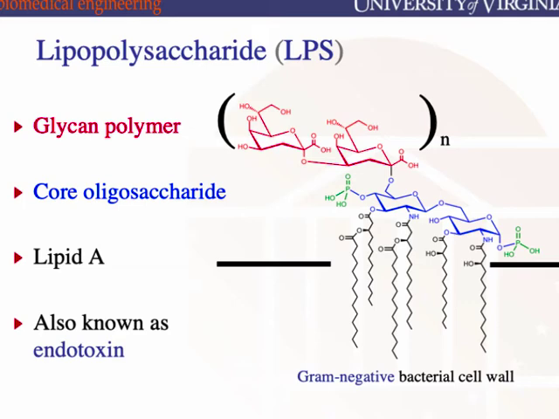Essentially, there are two different types. There's a type that has two membranes. It has an outer membrane and an inner membrane. And it has what we call the periplasmic space.